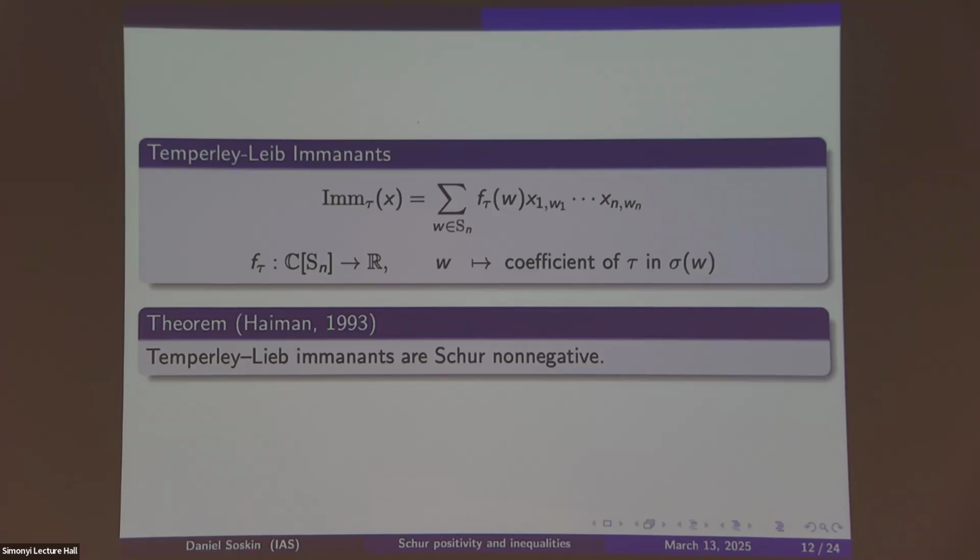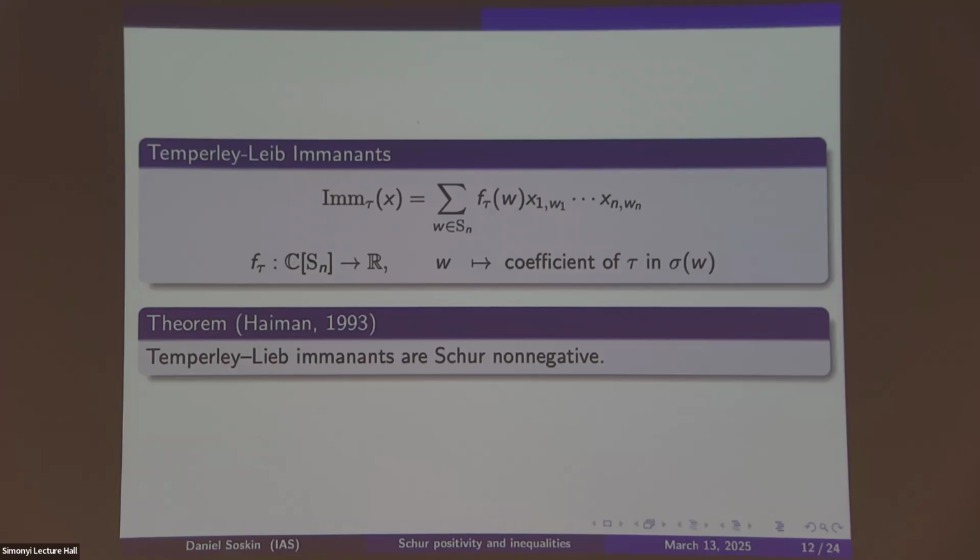T1 is this. T2 is such a diagram. So T1 T2 is the concatenation of these two things, which is such a diagram.